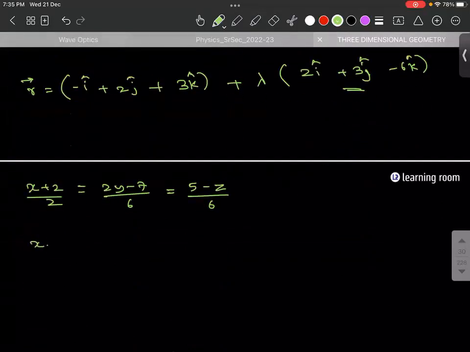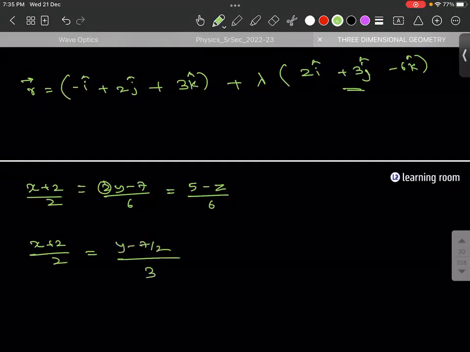So (x plus 2) by 2 is equal to... the coefficient of y should be 1, so I'll take the 2 outside. It will be (y minus 7 by 2) divided by 3, is equal to (z minus 5) by minus 6. Yes, sir, now understood. Any other doubt?